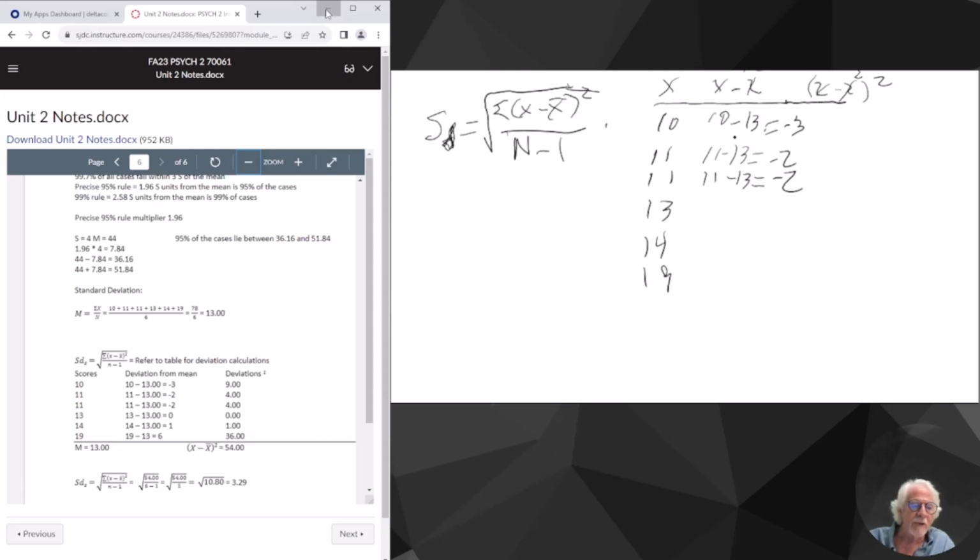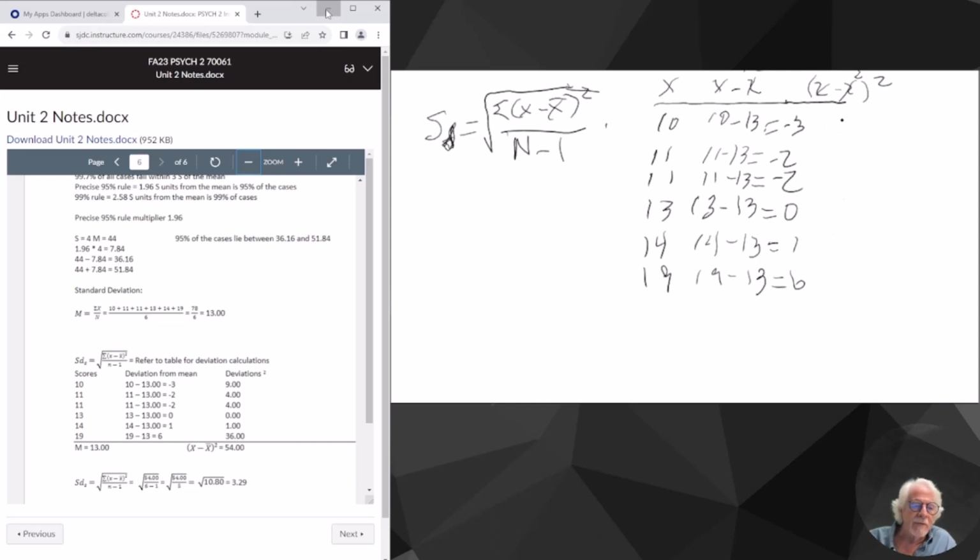And this is where I will go back and show you the other formula where I would be able to just multiply this answer by 2. But for our purposes, we're just going to stick with this. So 13 minus 13 is 0. 14 minus 13 is 1. And 19 minus 13 is 6.